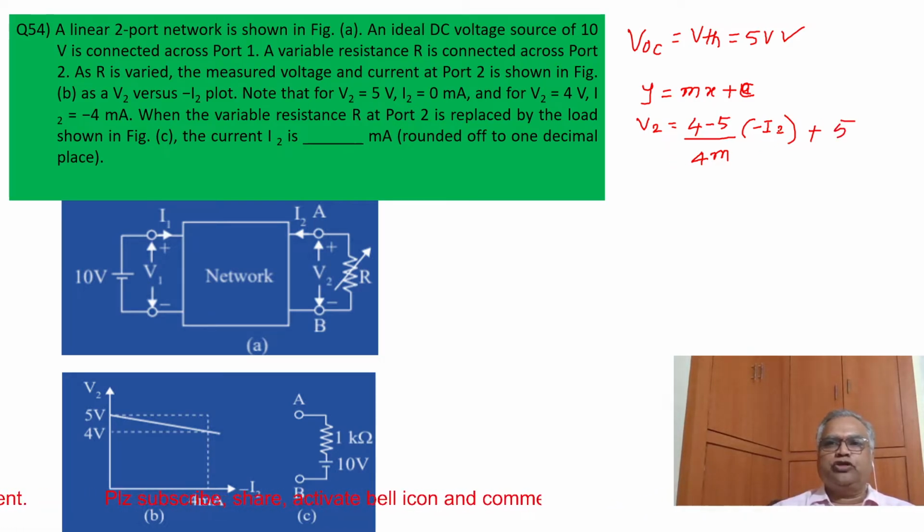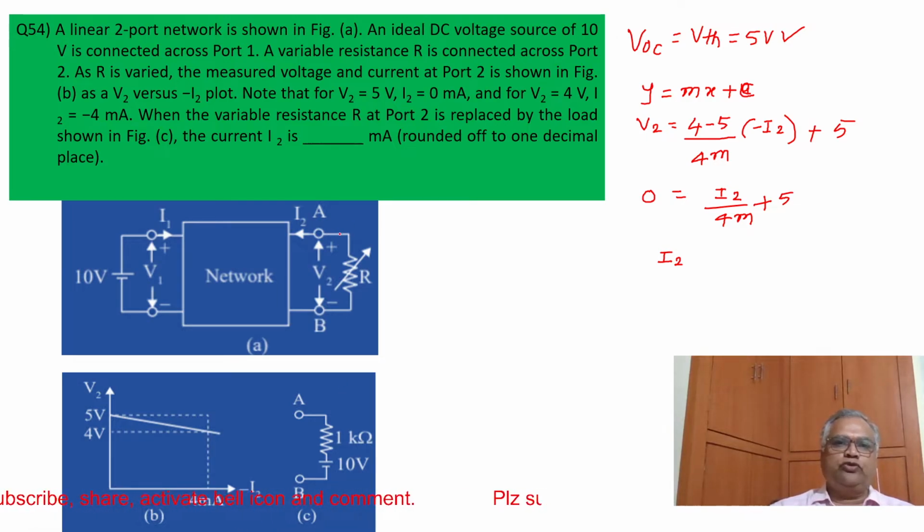Now to find the short circuit current, the voltage will be 0. So if I equate to 0, minus, minus will be plus. So I2 by 4 milli plus 5. So what is the I2 value here? I2 is nothing but ISC.